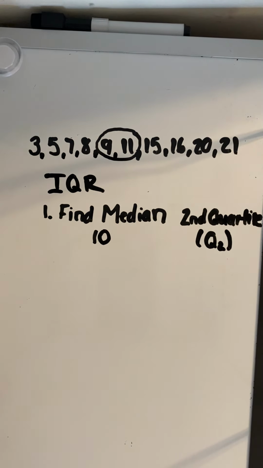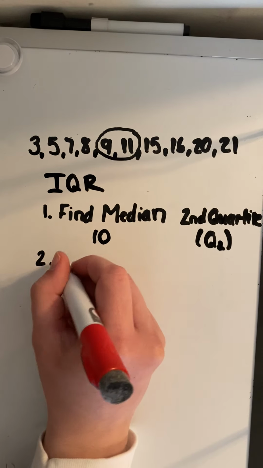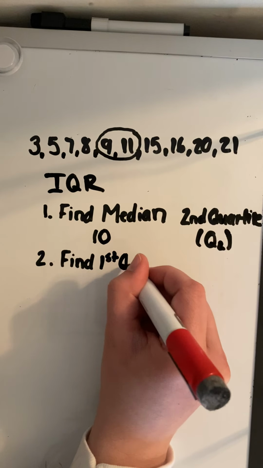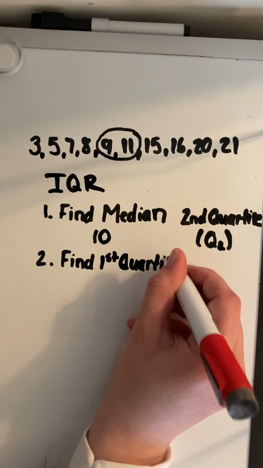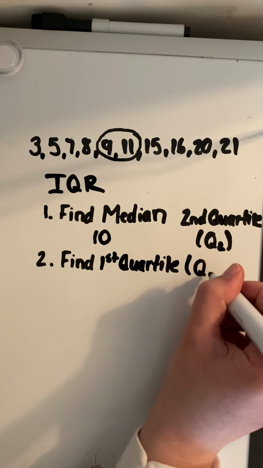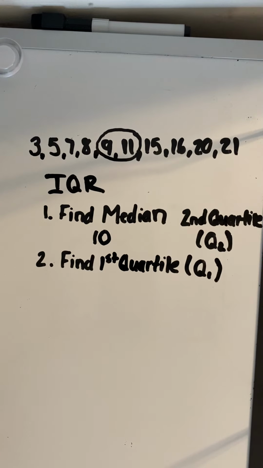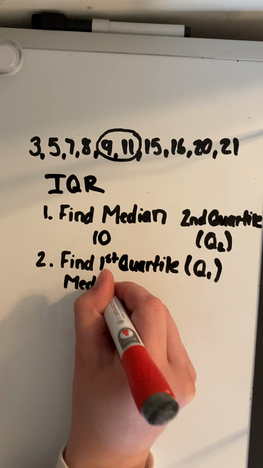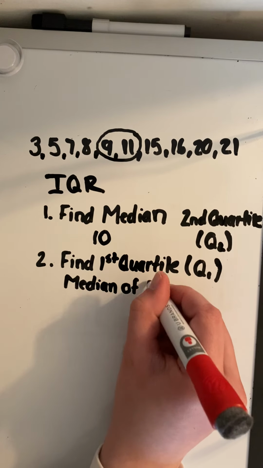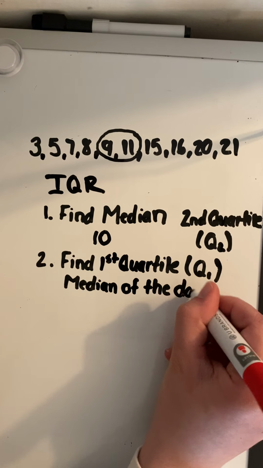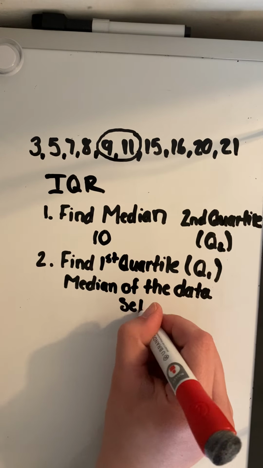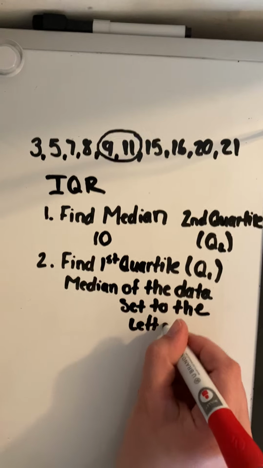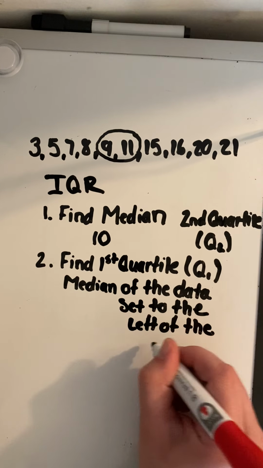Okay, so after we find the median, we're going to go to step 2, which is to find the first quartile, which is Q1. Okay, so the first quartile is the median of the data set to the left of the median.